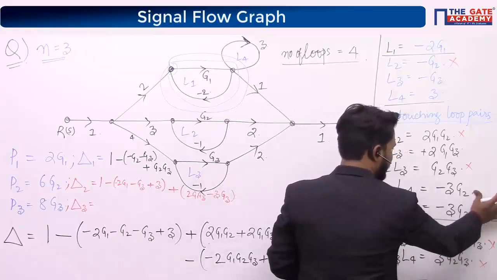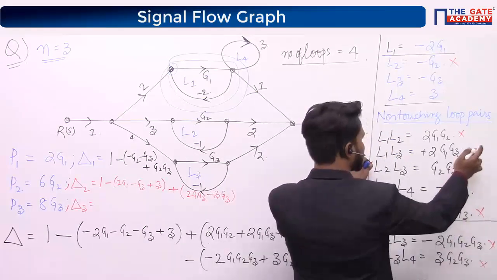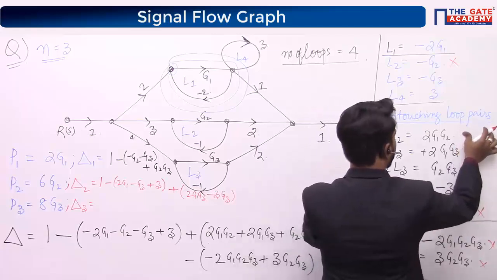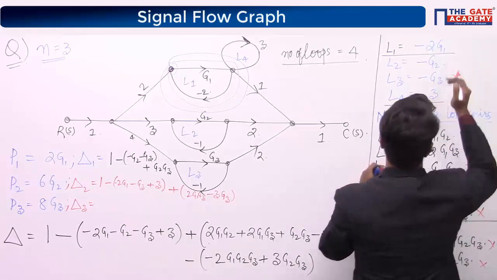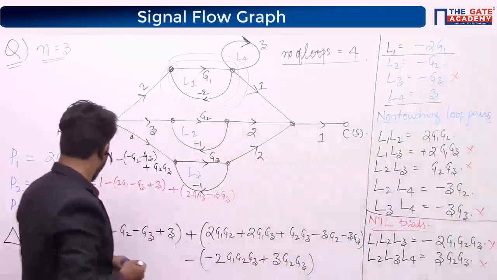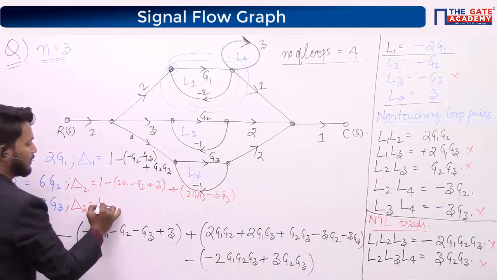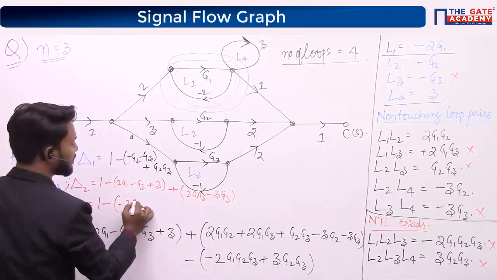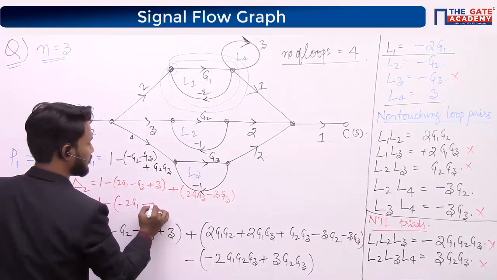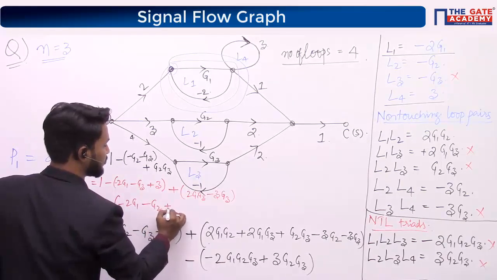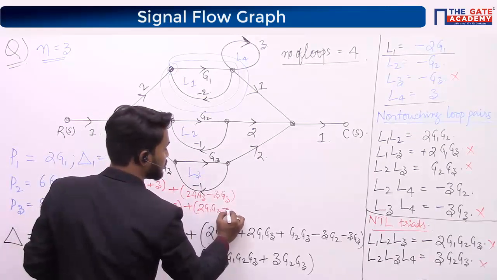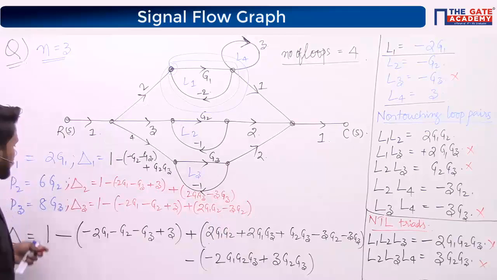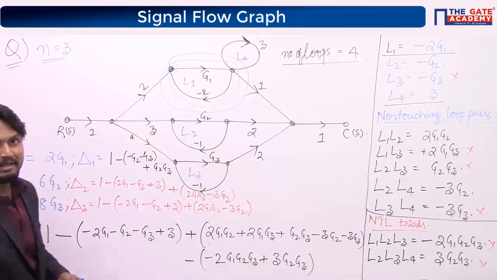This does not have L3, this has L3, this has L3, this does not have L3. Whereas this has L3 and the remaining all don't have L3. So now, how to calculate delta 3? It is 1 minus G1 minus G2 plus G1 G2 minus G2. So this is how you calculate delta 3.